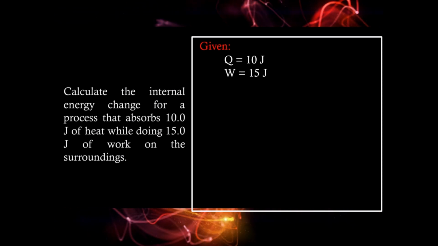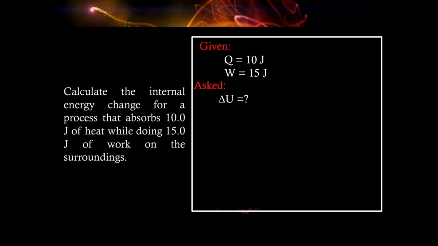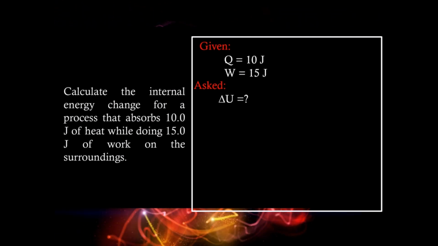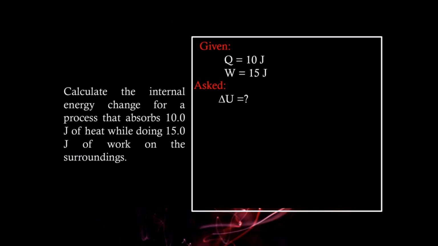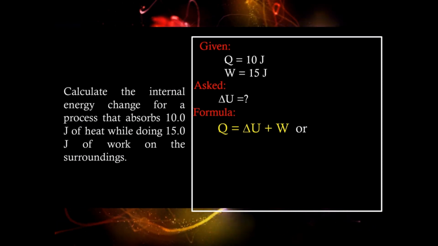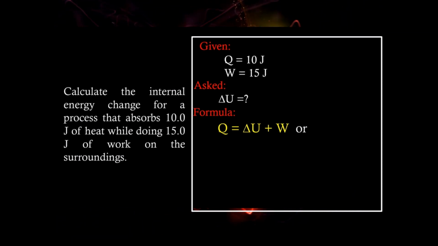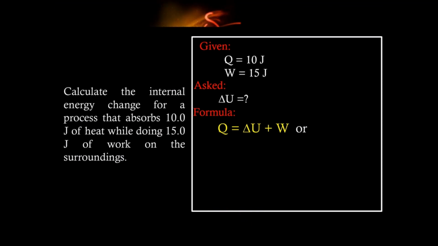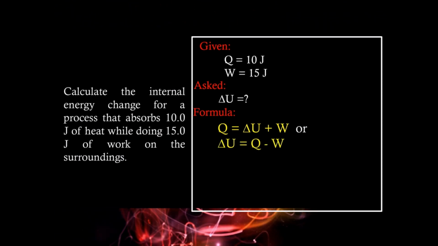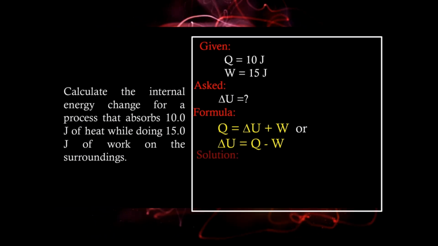So we are going to calculate the change of internal energy, or the delta U. Again, the formula that we are going to use is Q equals delta U plus work, or we can get the delta U by transposing work, so the formula can be delta U equals Q minus W. Then substitute the given to the formula.